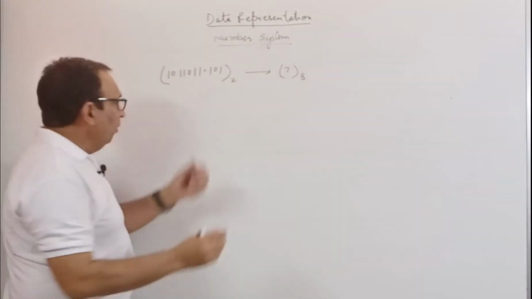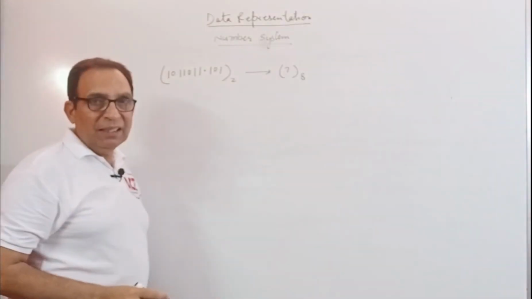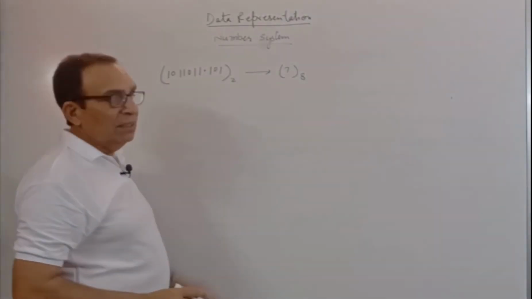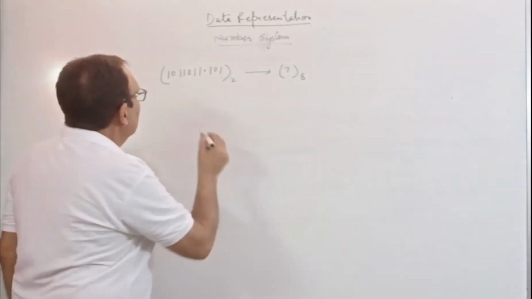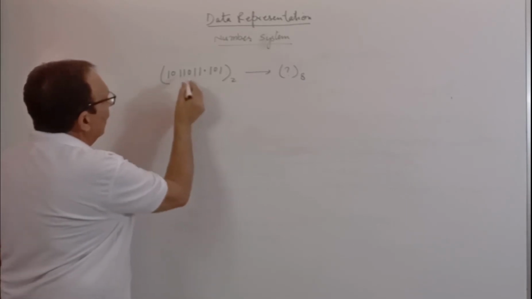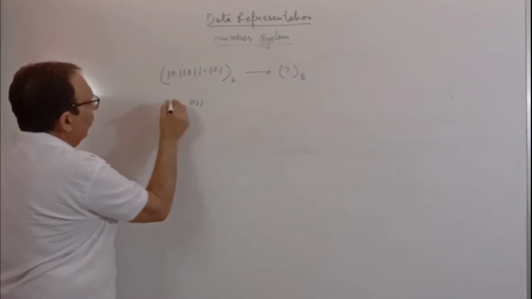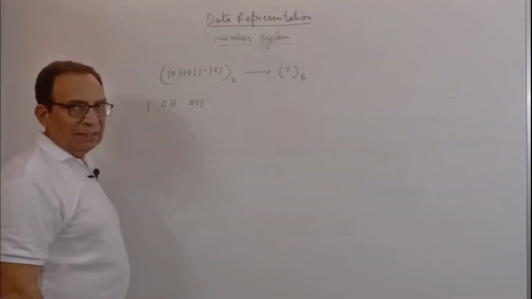Write the number from here in such a way that you get groups of 3 binary bits together.